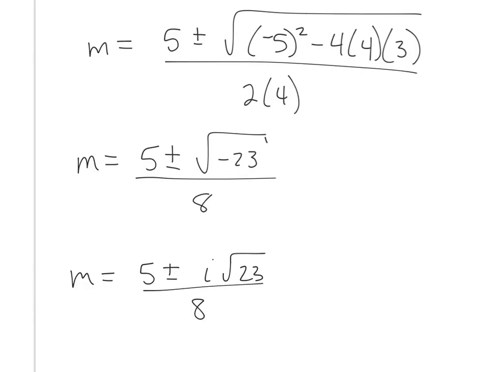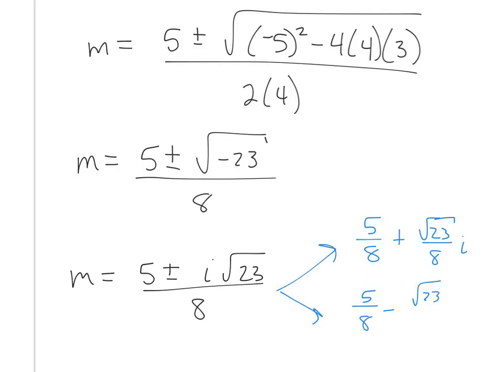Right. Now, if I was writing it in standard complex form, we've been talking about a plus bi form. Okay, that's what it would look like in standard form or complex form.